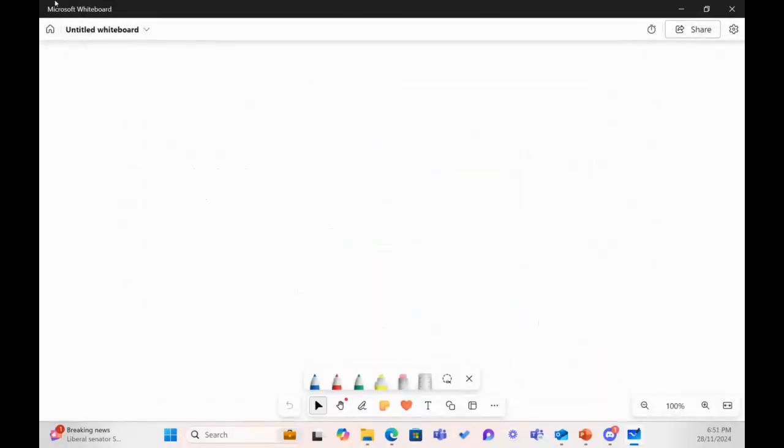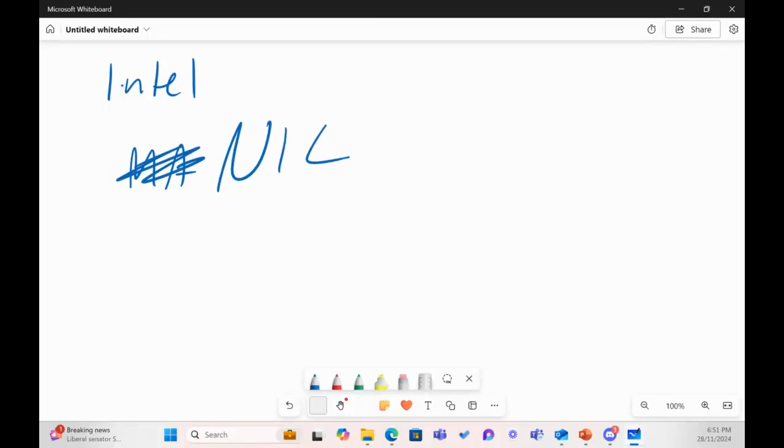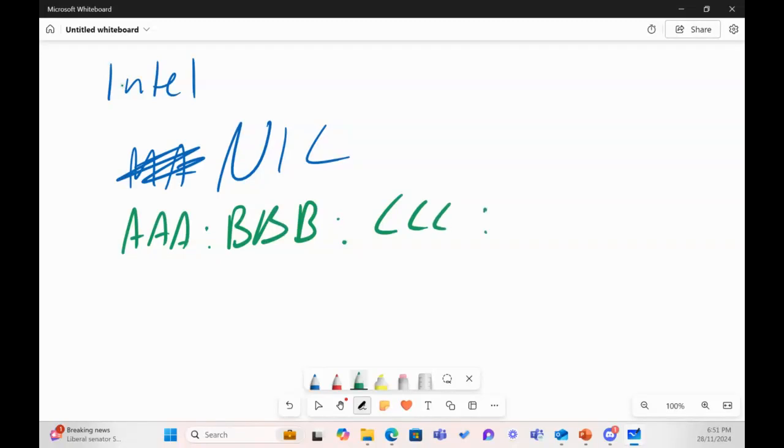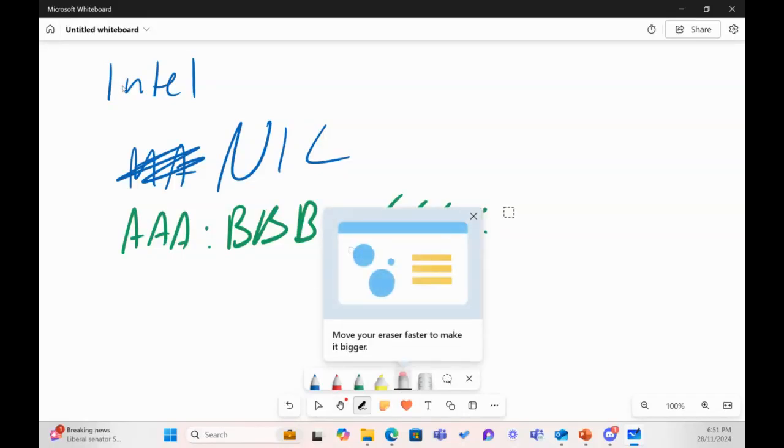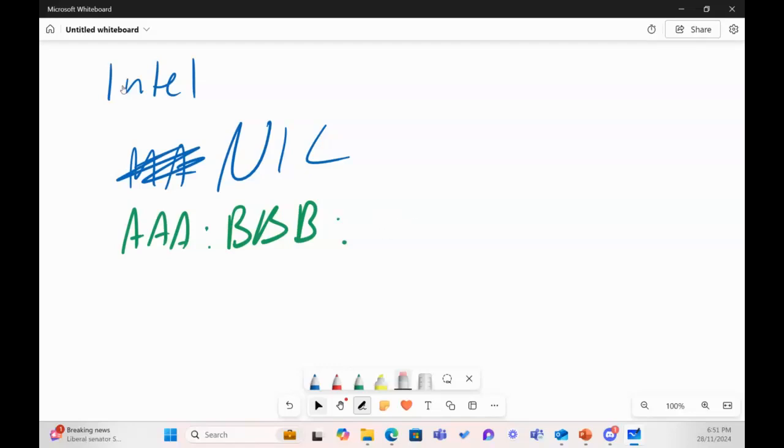So say, for example, Intel makes a network interface card, and you are given a MAC address of A, B. That's Intel's, and I'm just making this up, by the way.